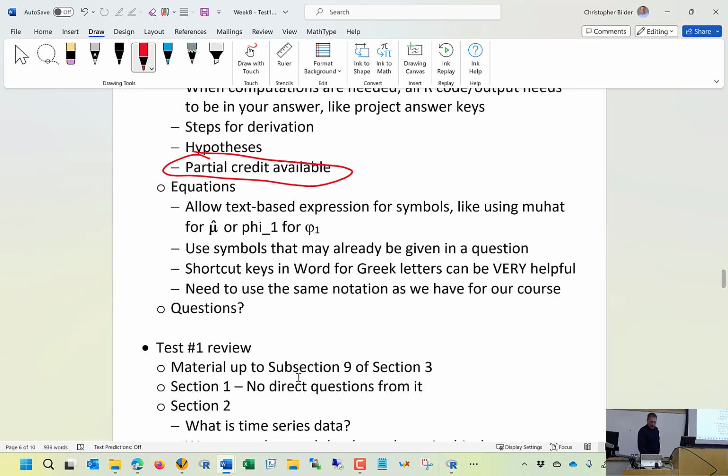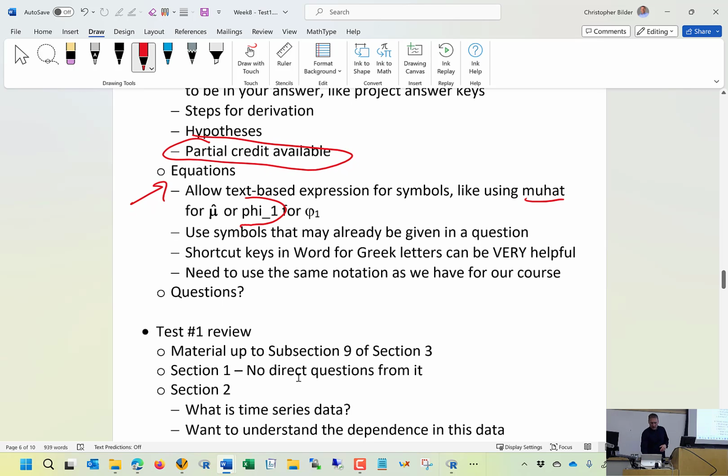Also, what I mentioned last time is with regards to equations. There will be equations that you're going to need to write out on the test. I understand that not everyone is as comfortable using, let's say, Word's equation editor as I am, or using symbols in Word. And so because of that, it's okay to use a text-based equivalent to some kind of mathematical symbol, such as muhat for mu hat, or phi_1 for phi1. I'll just take phi1 itself too, or PHI1 would work.